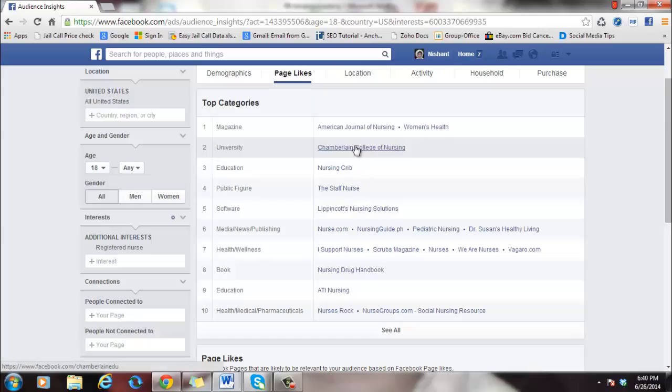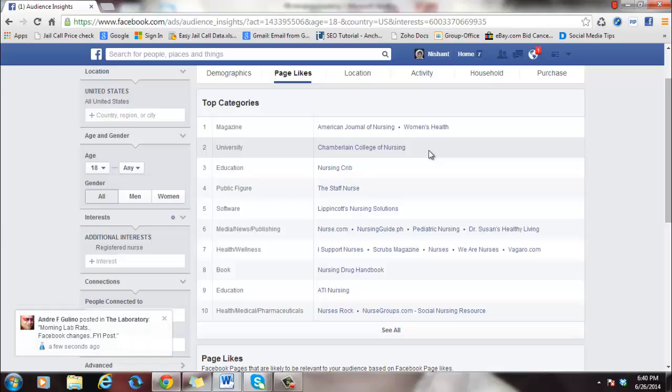Chances are, if you target people from this particular college, it's going to do well because it's very popular on Facebook, and it's the top page for nursing school on Facebook. So that should tell you that there is a really good chance that the people that are engaging with this page are really targeted. So that's the other thing that you can get access to.